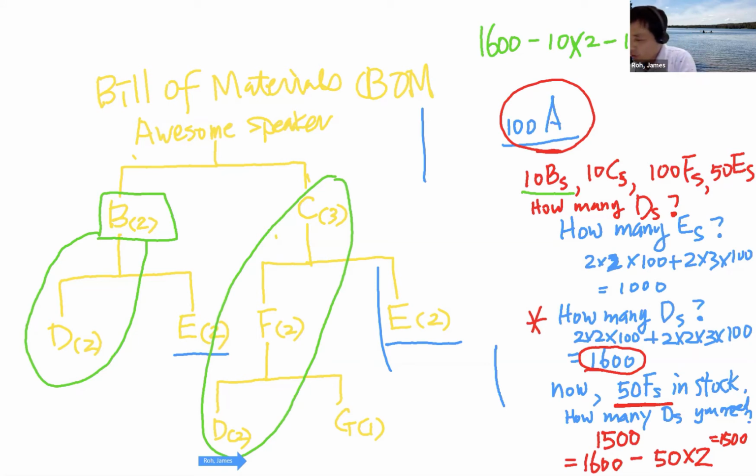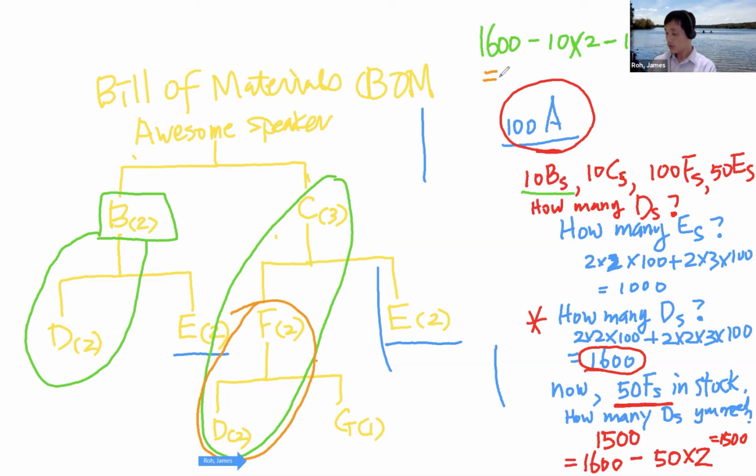And then 100 Fs. So let me change the color here. So 100 Fs. We know F and Ds are related right here. So minus 100 times 2 Ds, right? So that you have to calculate, and that is, what was that?